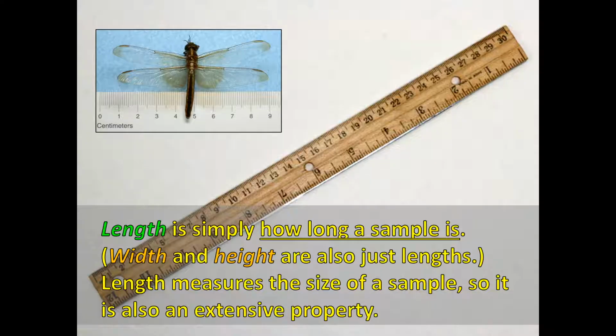There's length. Length is simply how long a sample is. Width and height are just lengths. Lengths measure the size of a sample, so it is also an extensive property.